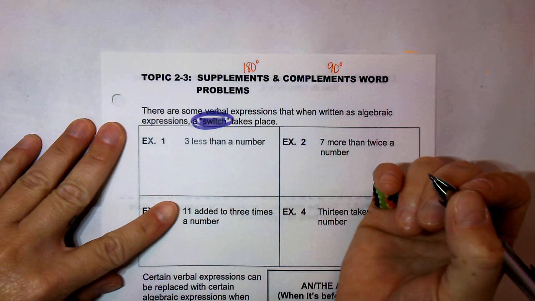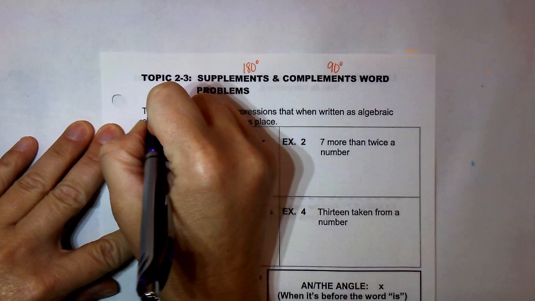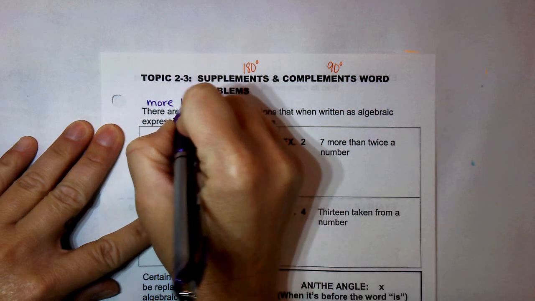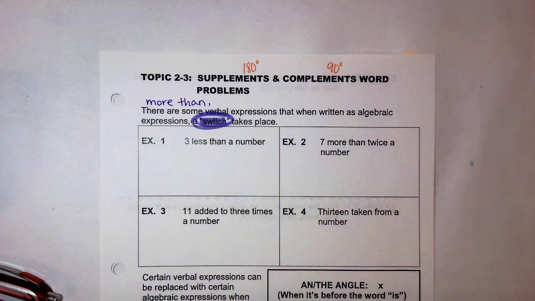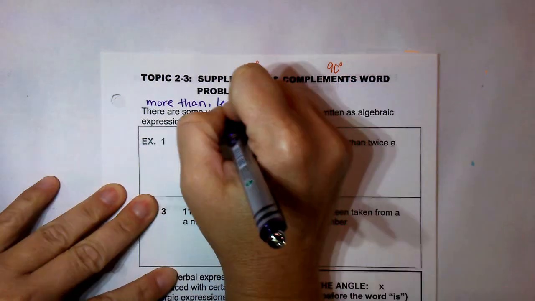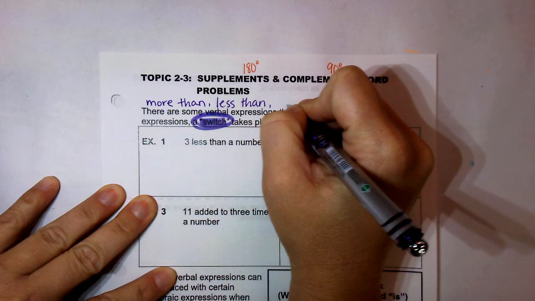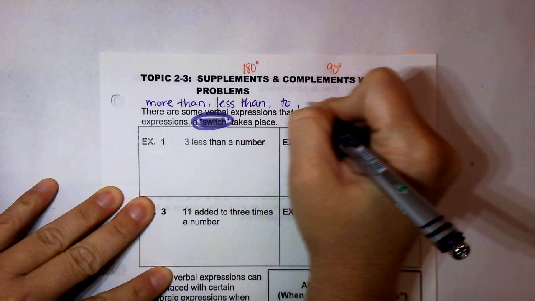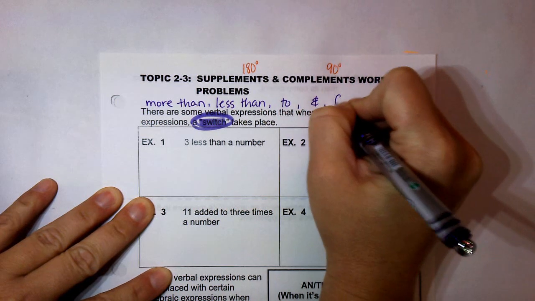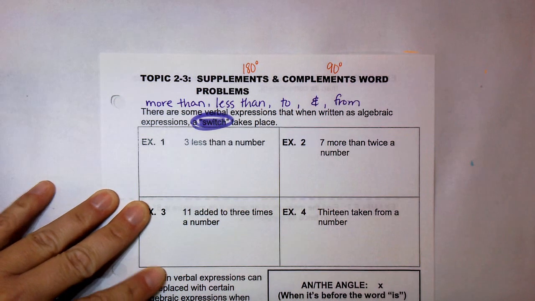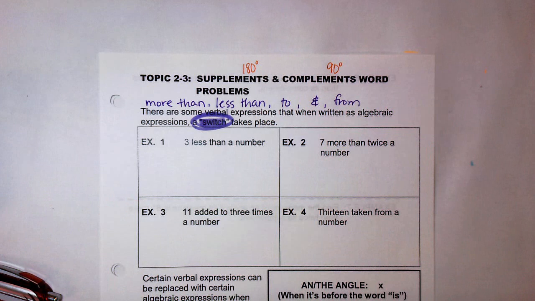All right, so our list: more than, less than, to, and from. So all of those words are going to mean that I'm switching the order.